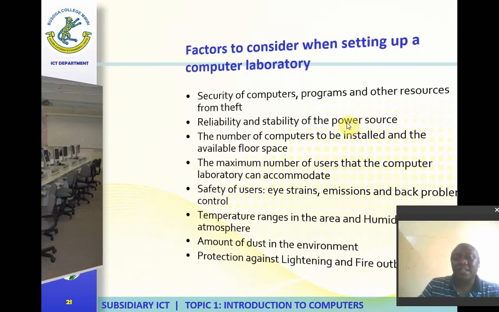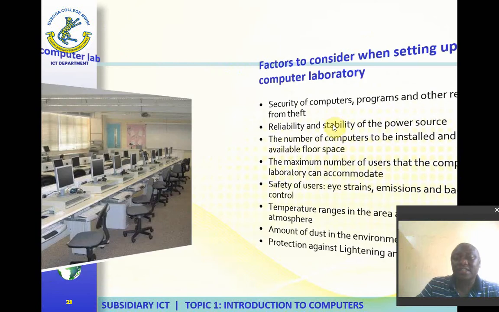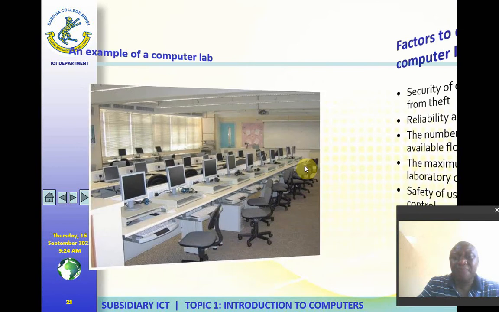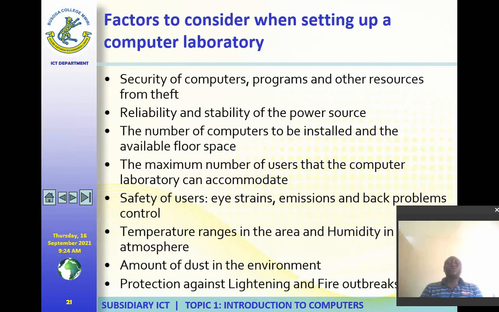That's why I'm showing you the power sockets. Are you sure you have power in that area? The number of computers to be installed and the available floor space are also factors.